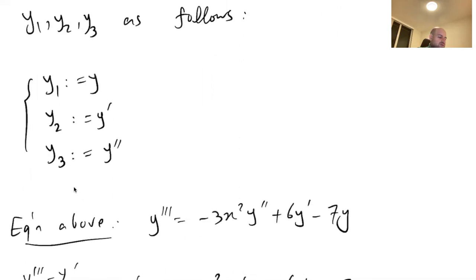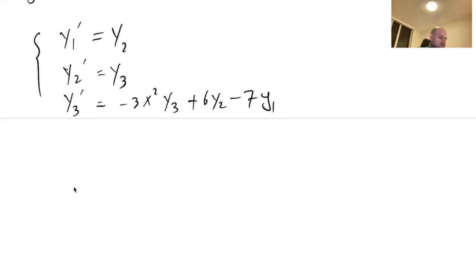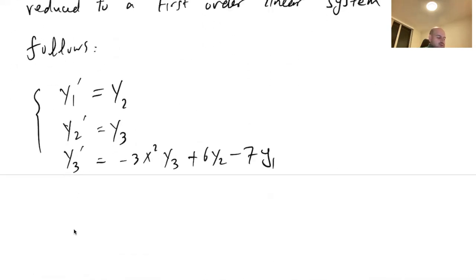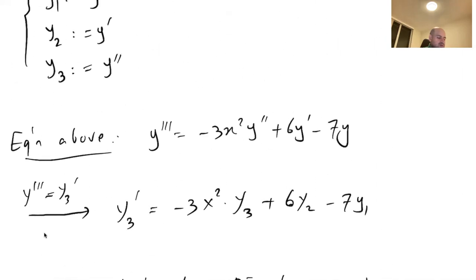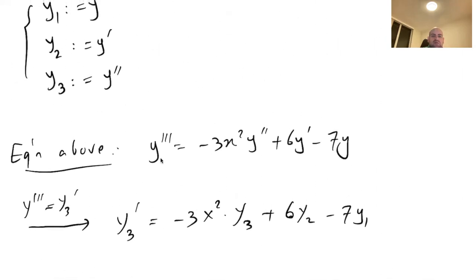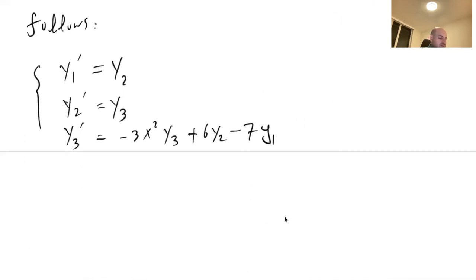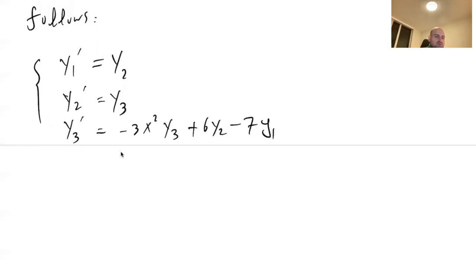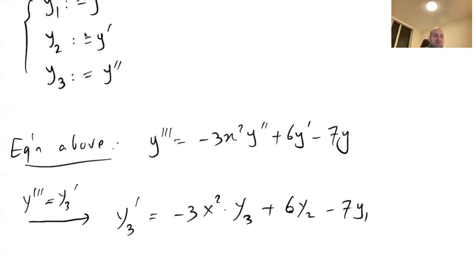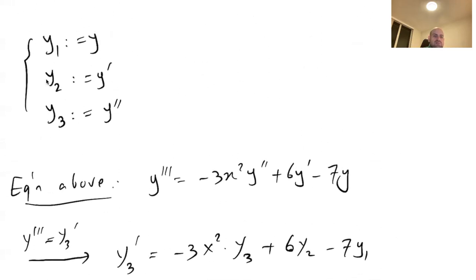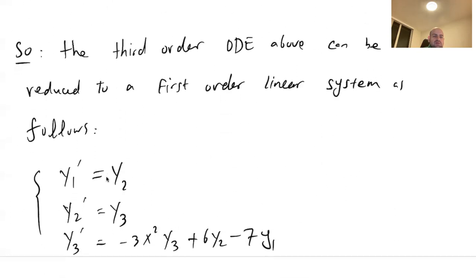So basically, if I want to summarize, see the third equation is derived the way that I explained, that third derivative of y can be written as derivative of y3. And then we took other terms to the other side. We wrote them as y1, y2, y3. And for the first two equations, how did we find them? I combined the first two equations here to derive the first equation here.